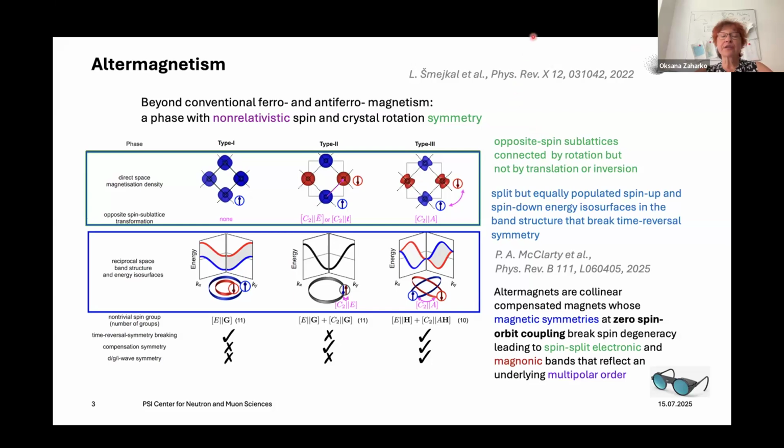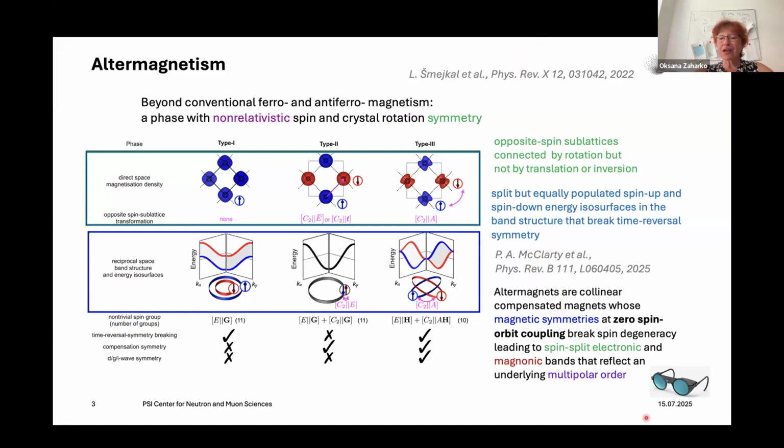I like also another definition of altermagnetism. This is given by Paul McClarty, who also had a presentation here. Unfortunately, I had an experiment and was not able to join. But in their article in Physical Review B, besides collinear sublattices and compensated magnets, he's mentioning magnons, and he's mentioning multipolar order.